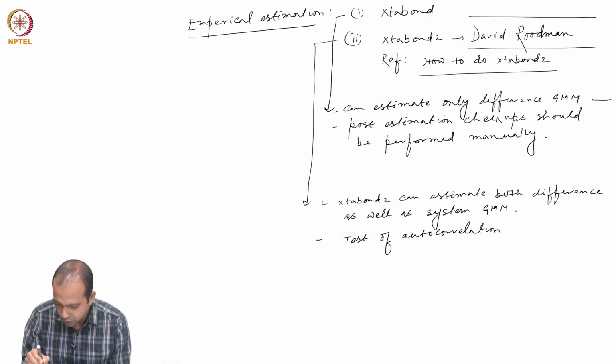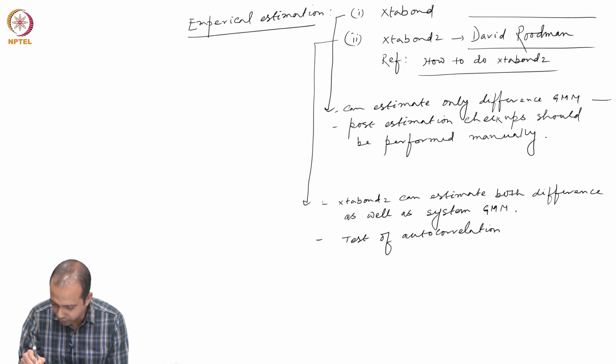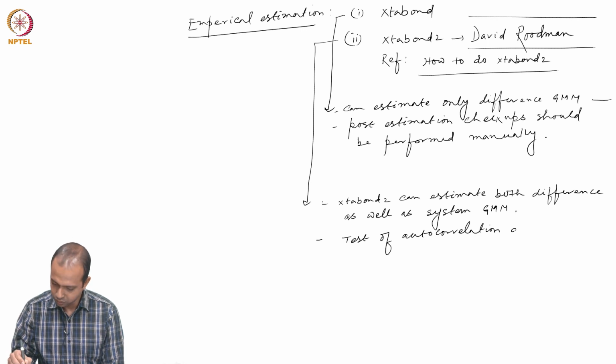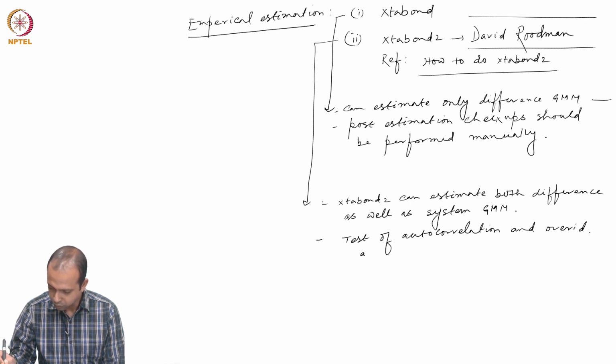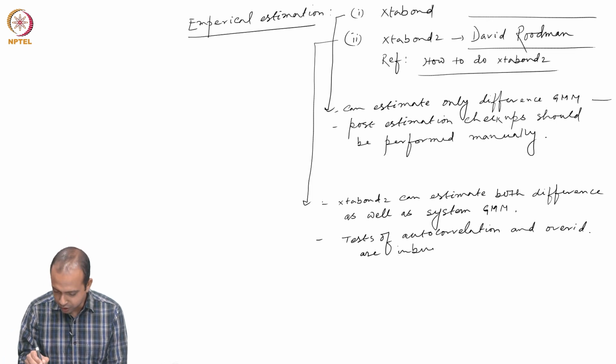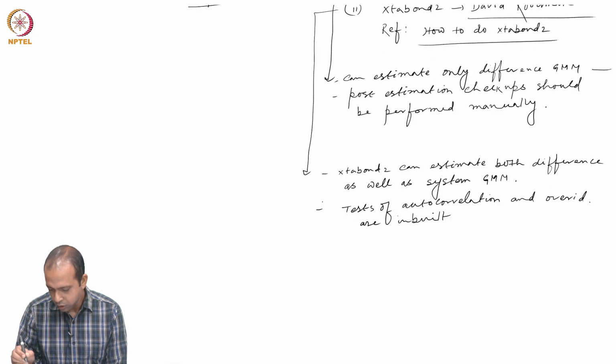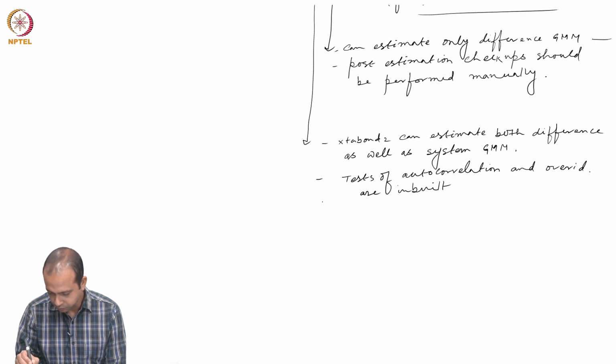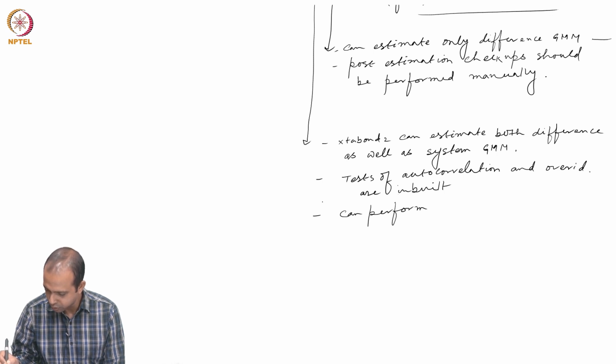Thirdly, it can perform the Windmeijer correction after two-step GMM with that robust command.